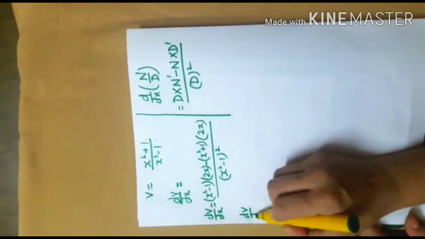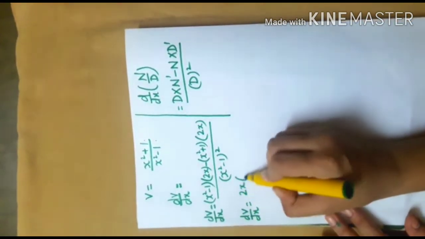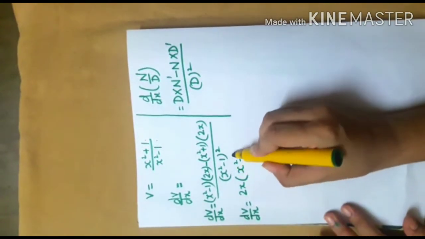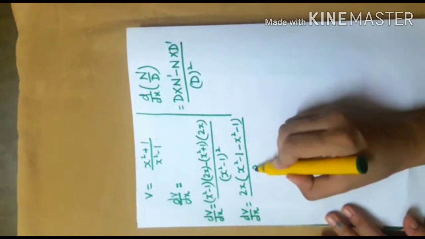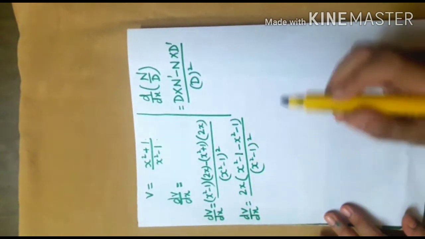So I simplify this. I'm taking the factor 2x common. I'm left with x square minus 1 minus x square minus 1 over x square minus 1 whole square.